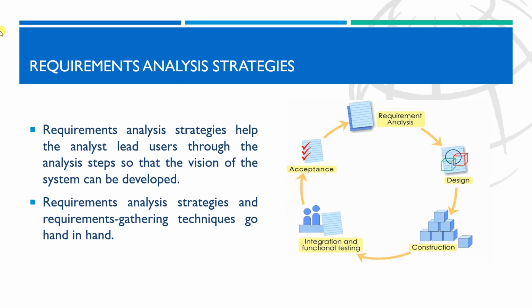To move the user from the as-is system to the to-be system, an analyst needs strong critical thinking skills. Critical thinking is the ability to recognize strengths and weaknesses and recast an idea in an improved form.